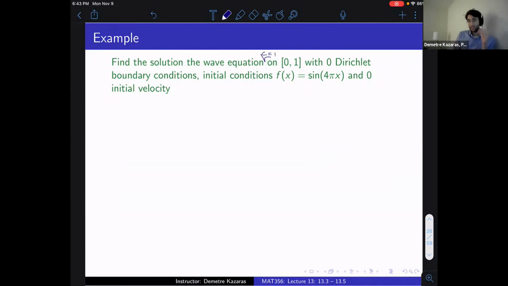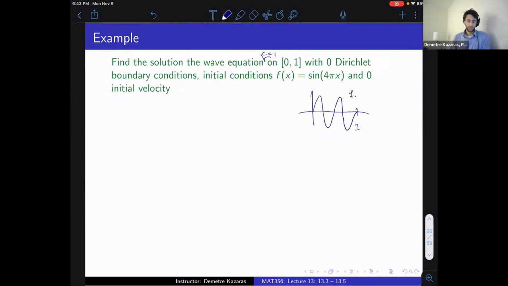With the Dirichlet 0 boundary conditions and the initial condition sine of 4 pi x. So we have sine of 4 pi x on 0 to 1, which is going to oscillate twice. That is what f looks like. That's the initial displacement, 0 initial velocity, and you let the wave equation do its thing.